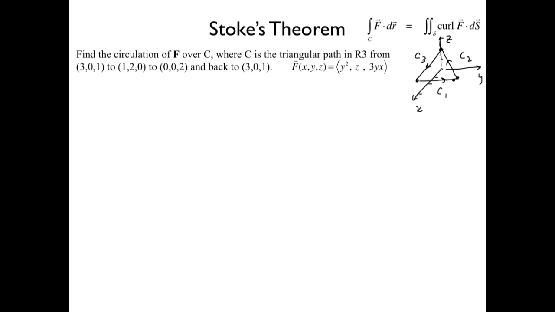We'd parameterize each segment, write the vector field F in terms of our parameterization, and do F dot dr. Then we'd sum them up: the C1 line integral plus the C2 line integral plus the C3 line integral, right? Is that the way to go?